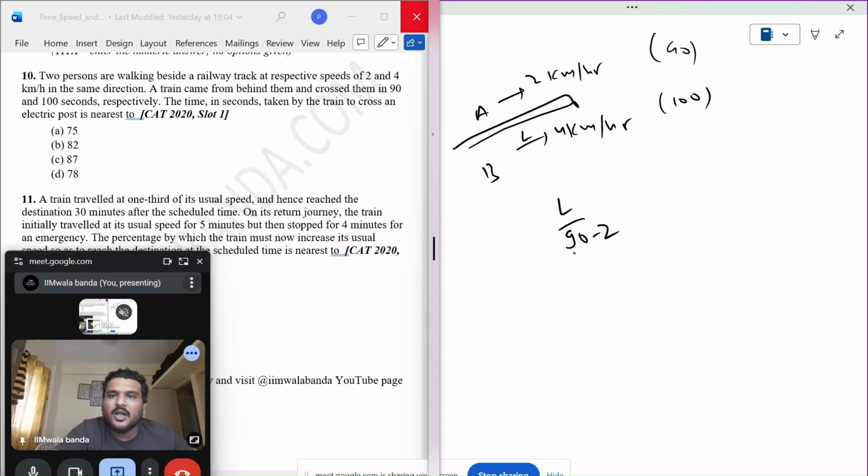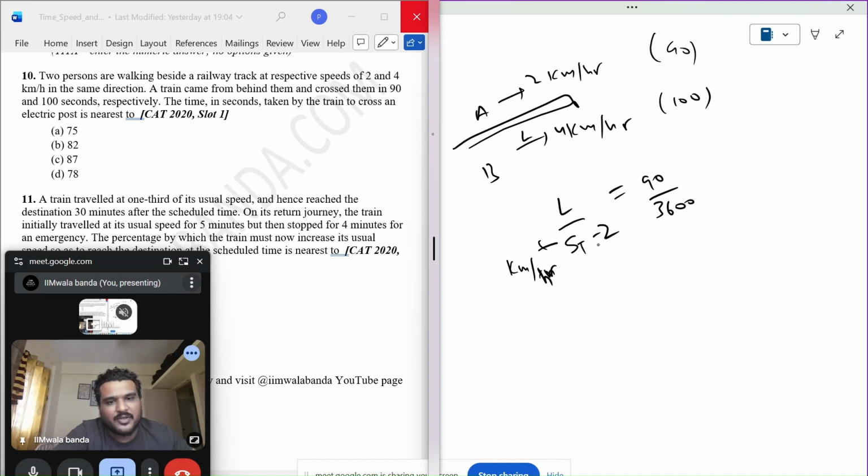So we have to convert them into something, right? So this has to be speed of train minus 2. Again, speed of train I'm assuming in kilometer per hour, and this is time which is 90 seconds. Because it is kilometer per hour, I'll make it into hours.